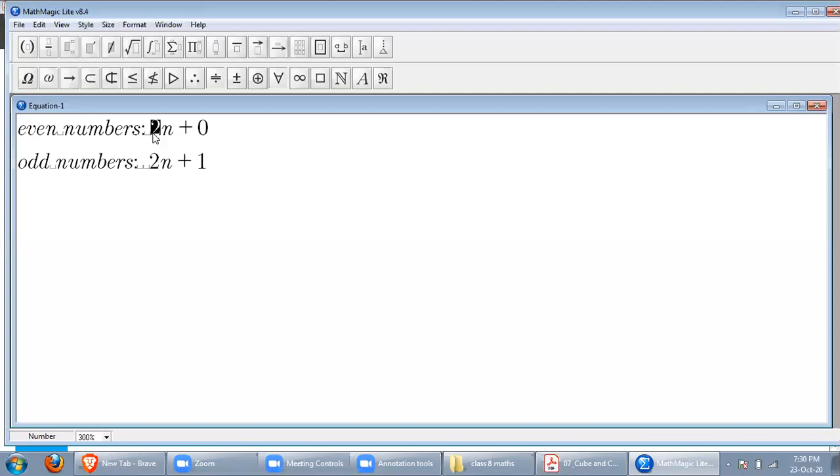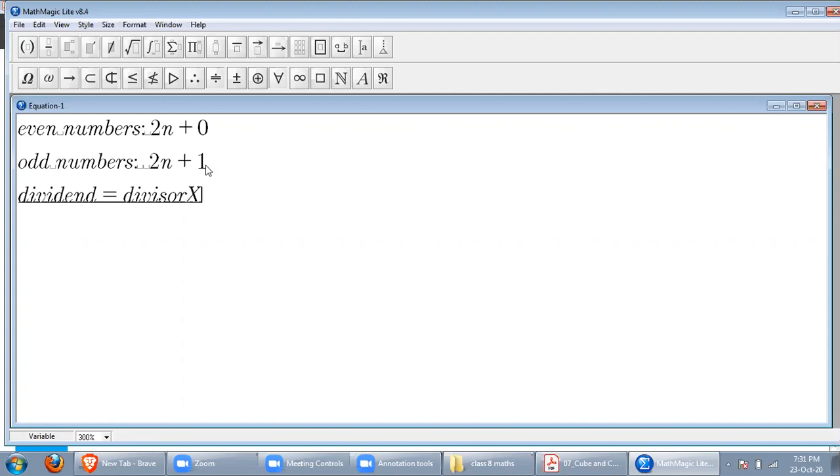By the definition, 2 is the divisor, n will be the quotient, and this thing will be the remainder. Is it okay? Why? Because we know that in normal division, the dividend is the given number and the divisor is the number which will divide the number.